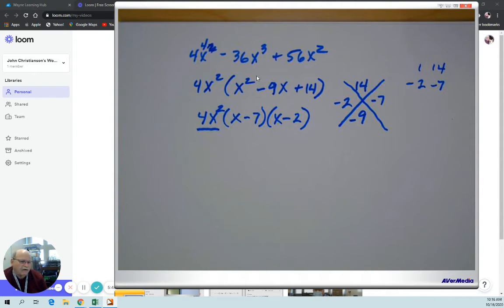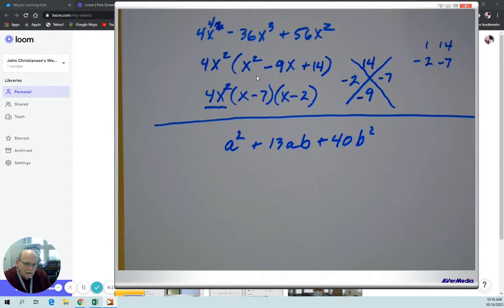All right? We're going to look at our next example. This is kind of a very common type of occurrence with these, and that is there's a variable a squared at the beginning, and there's a squared variable at the end.